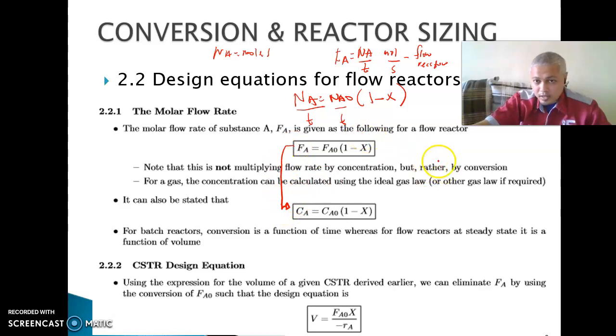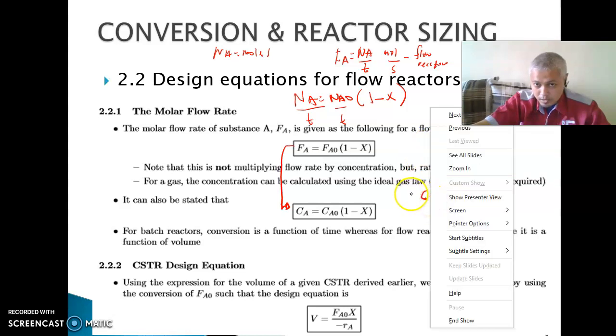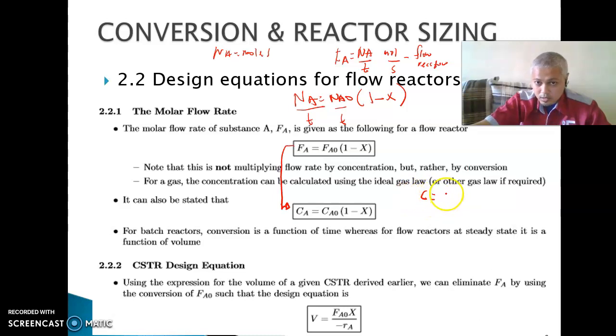Let's see the formula of concentration. Just now we have agreed that the formula of molar concentration or molarity is N over volume. This is for batch reactor. If we turn it into flow reactor, this will become molar flow rate, and this will become volumetric flow rate.